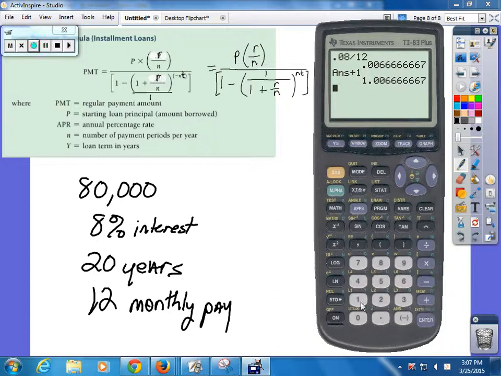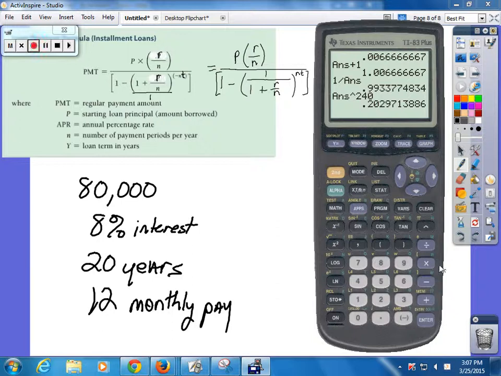Divide 1 by that number. Raise that number to the what? Well, n is 12, 240. And that's that number, and 1 minus that number is that number, and that's your denominator.